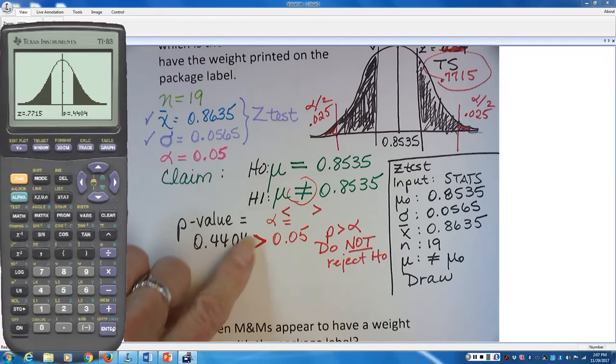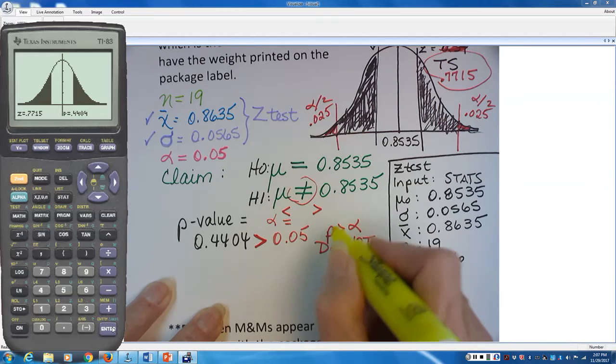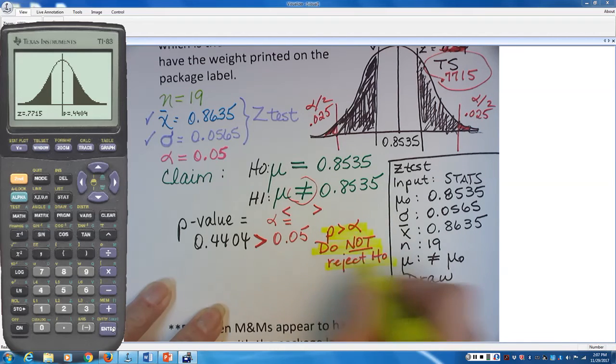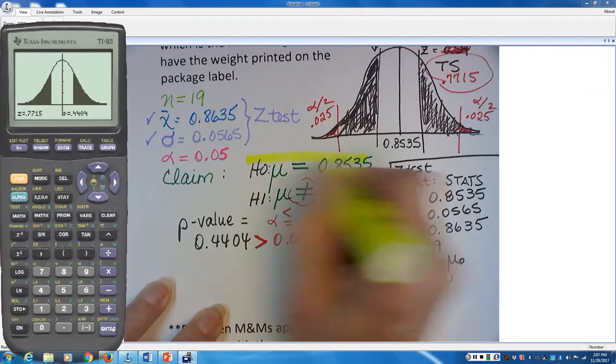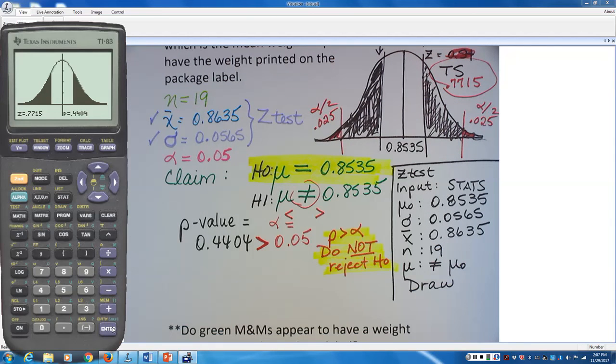Now, the question is, we do not reject H0. So we've got to think about how we answer this question. This is what we think is true. The evidence supports that. What does that mean about what we should conclude about the claim? Which one was the claim? H0. And the evidence supports H0.